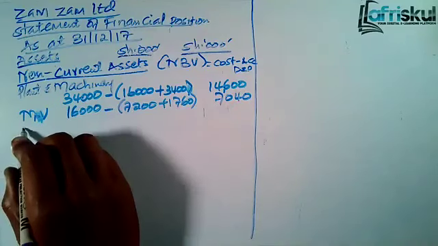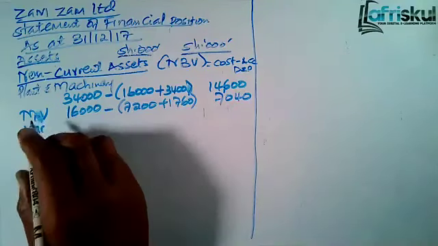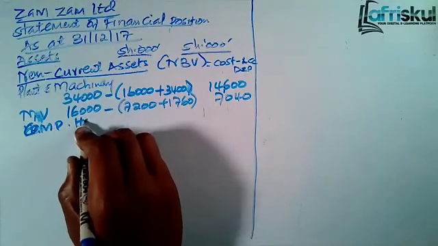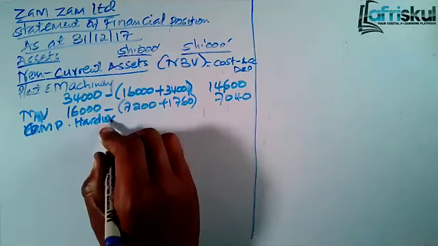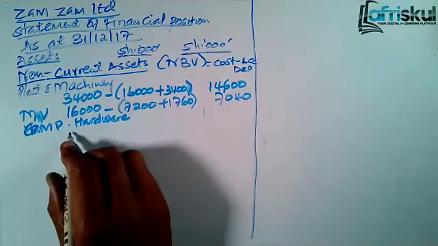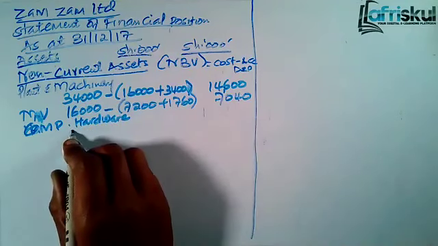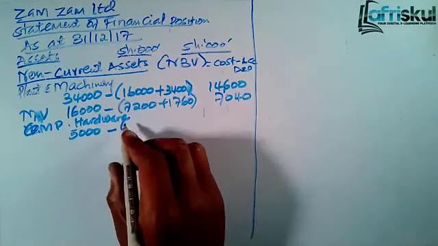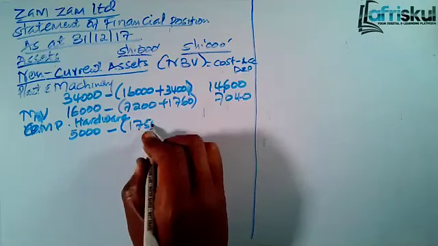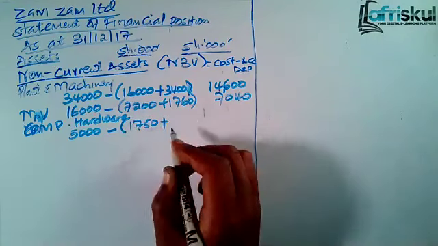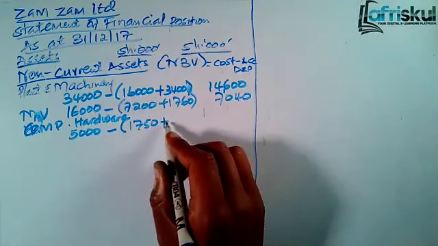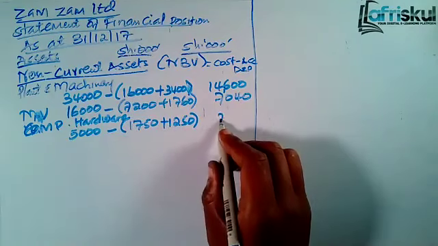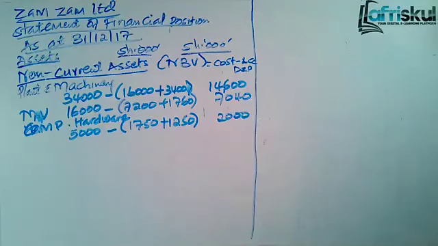Now the other one is the computer hardware. I will do the same. I will take again the cost, which was 5,000. I less the accumulated depreciation, which is 1,750, and depreciation charge for the year, we got 1,250. So the value that I'm getting from here is 2,000.